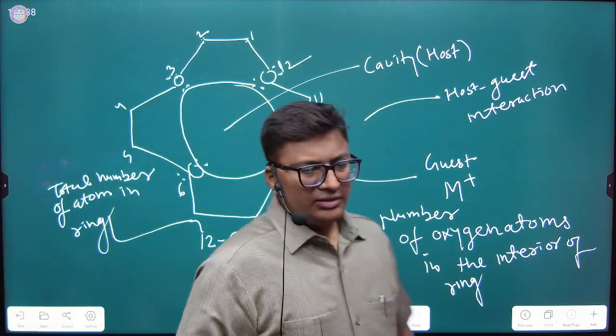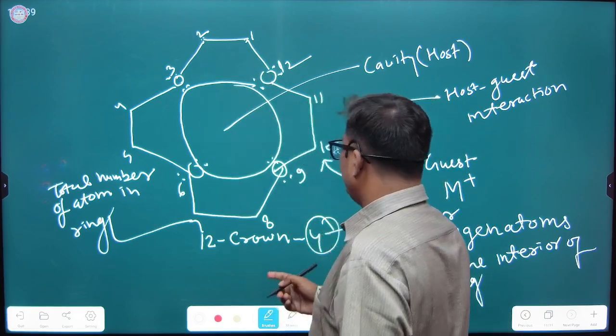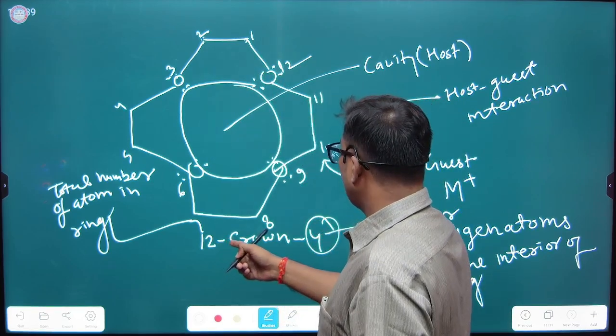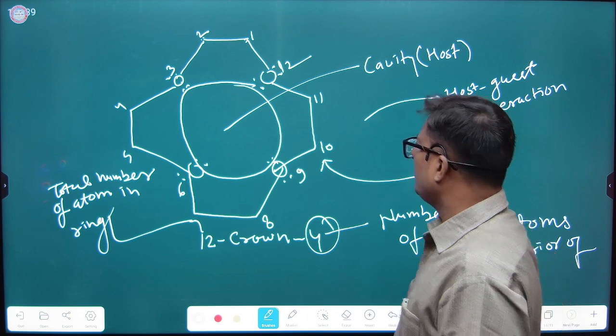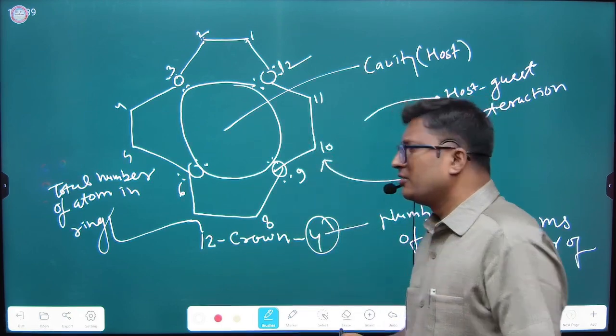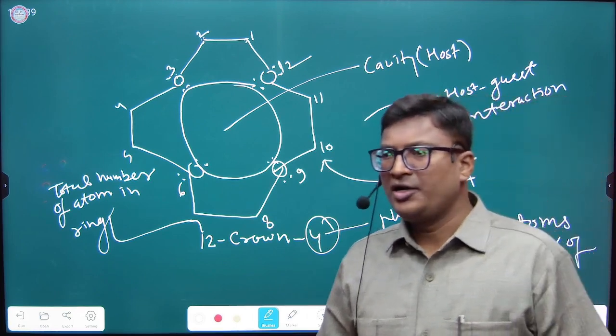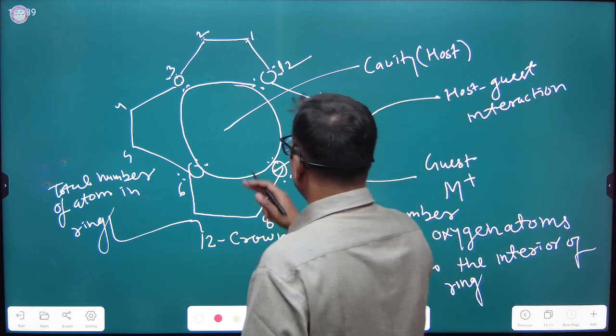So this ligand has its name 12 crown 4, meaning 4 oxygens can coordinate with a particular selective metal cation through their lone pairs.